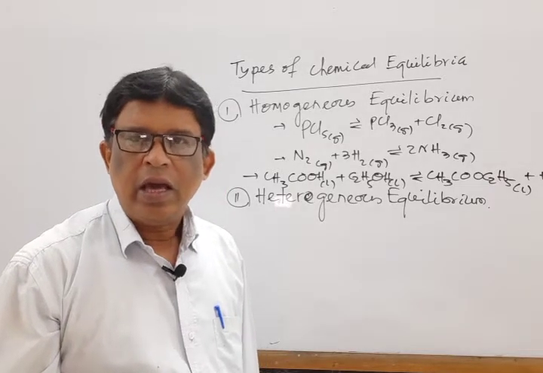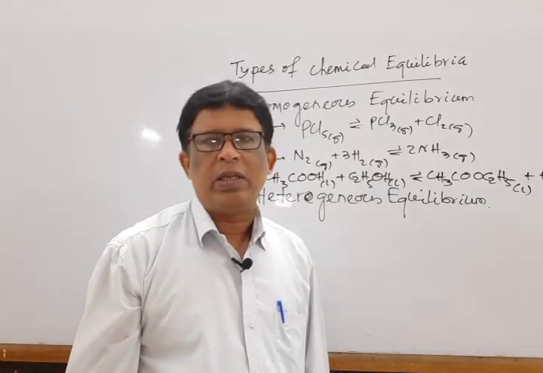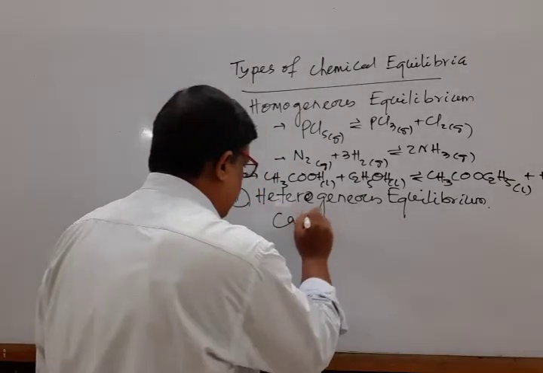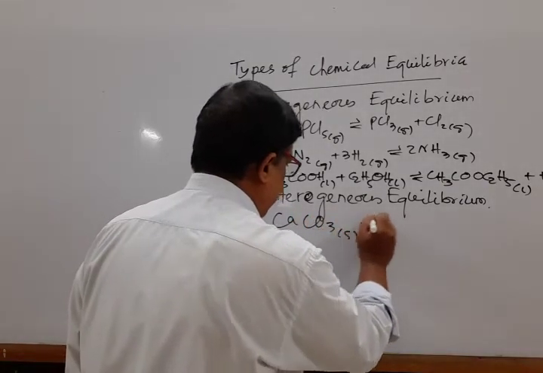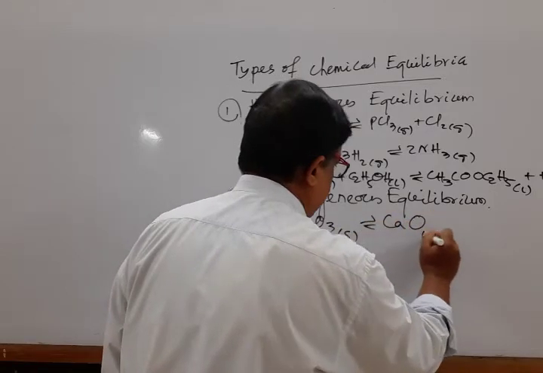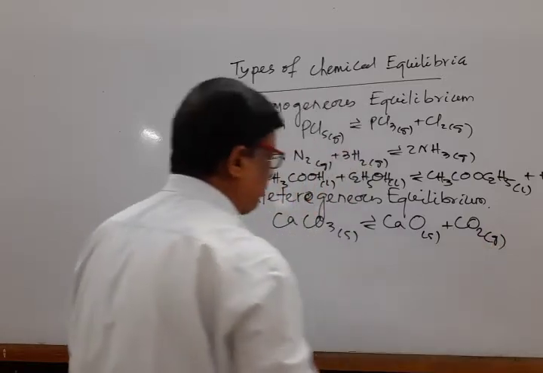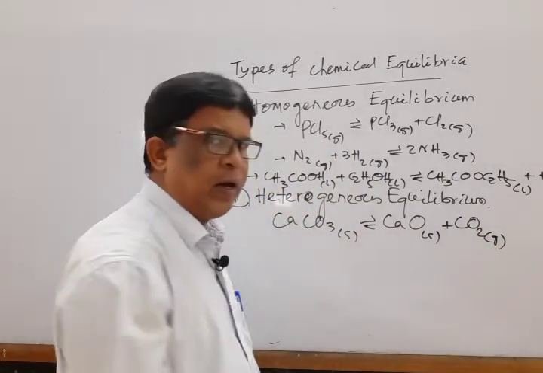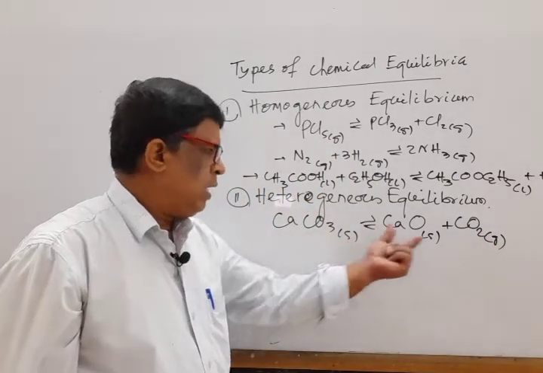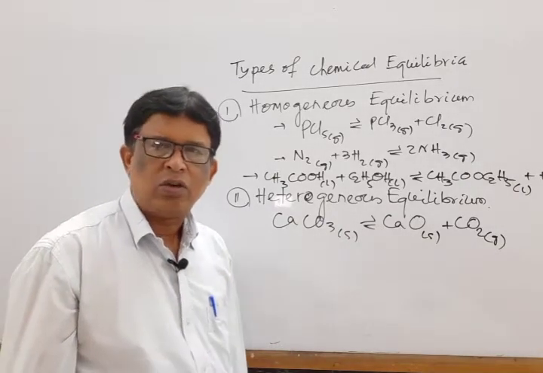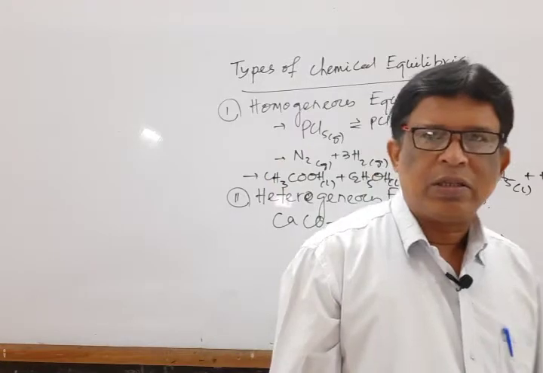On the other hand, if a chemical reaction has components in more than one phase, mark that, calcium carbonate solid gives rise to calcium oxide solid plus carbon dioxide gas. Here solid and gas, more than one phase is there. So it comes under heterogeneous equilibrium.